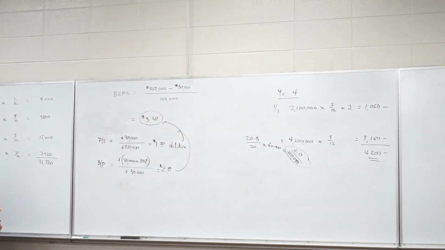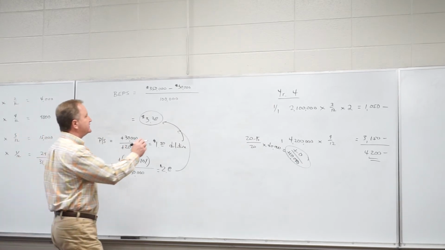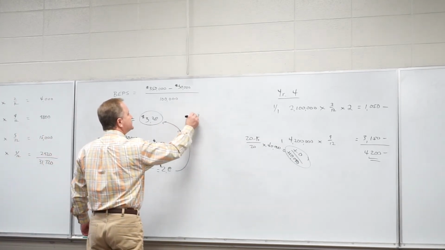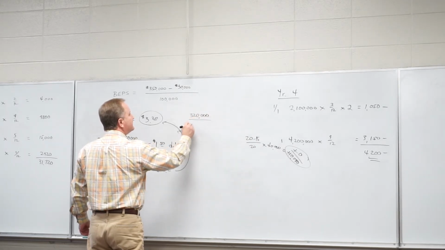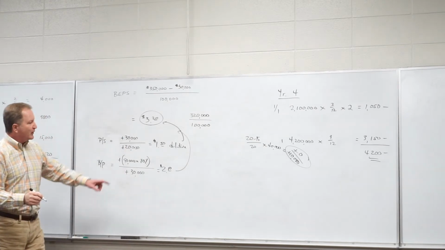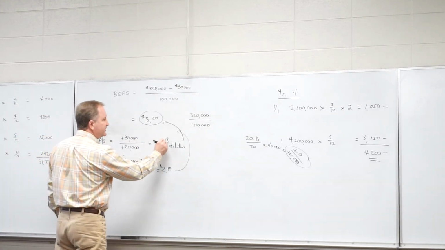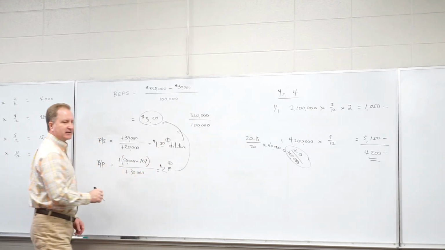So are you with me? All right, so now we got to go back and calculate diluted EPS. We start with 320,000 divided by 100,000. And we rank these from smallest to largest. So the smallest would be this one first and then this one second.